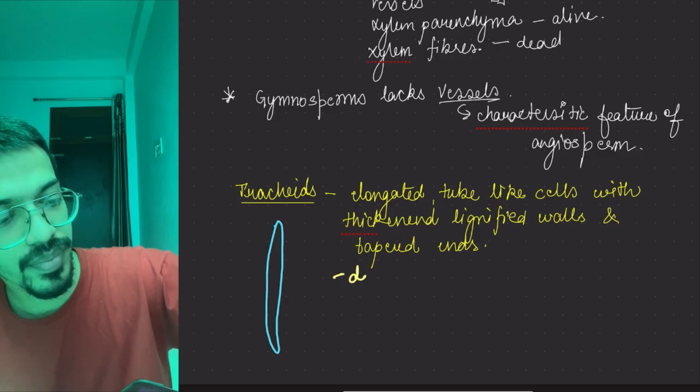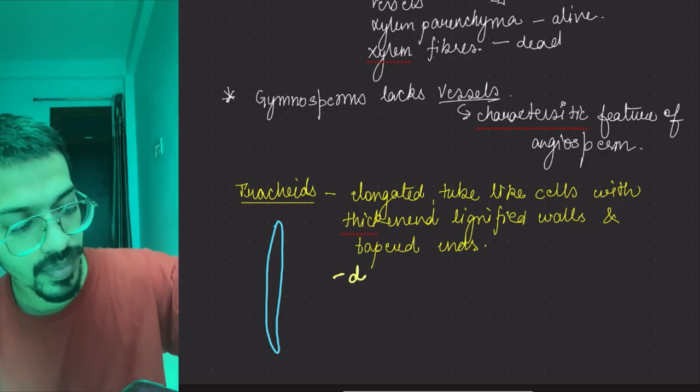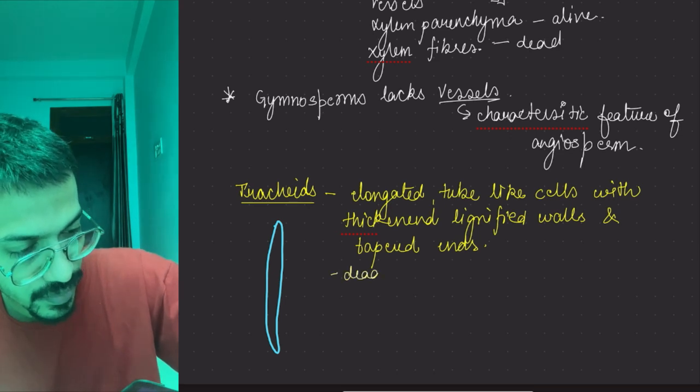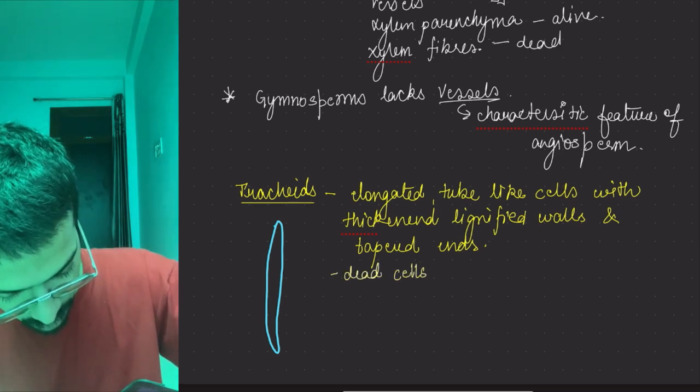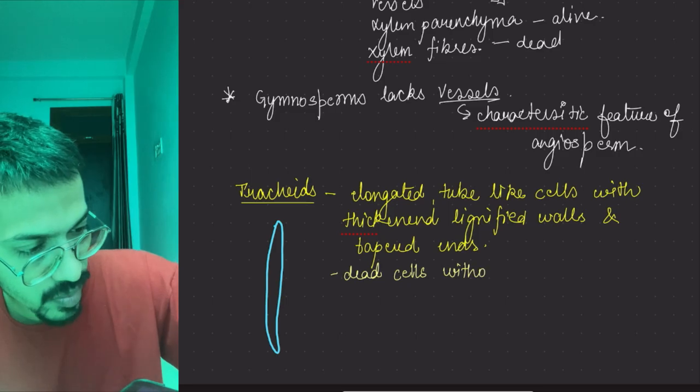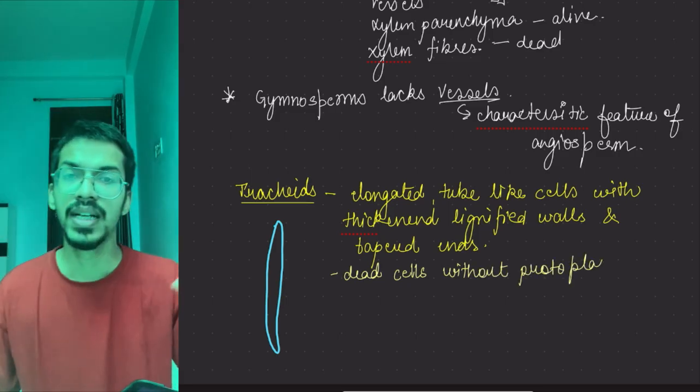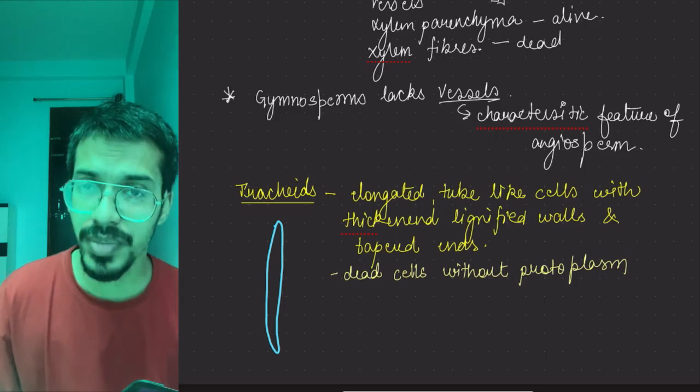They are dead cells without protoplasm, because any cell which is dead means its living constituents, protoplasm, cytoplasm, nucleoplasm, won't be present.